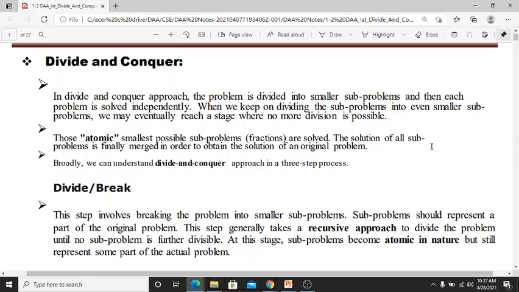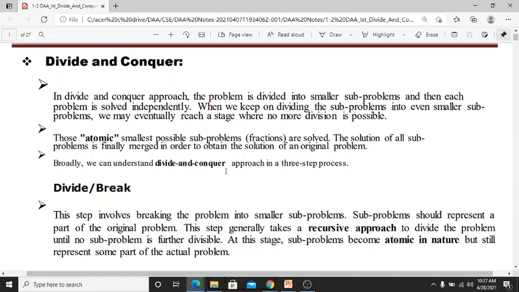The solutions of all subproblems are finally merged in order to obtain the solution of the original problem. First it will divide the main problem into subproblems, then after that it will merge in order to obtain the solution of the original problem.